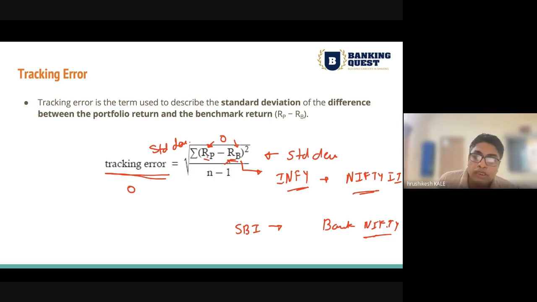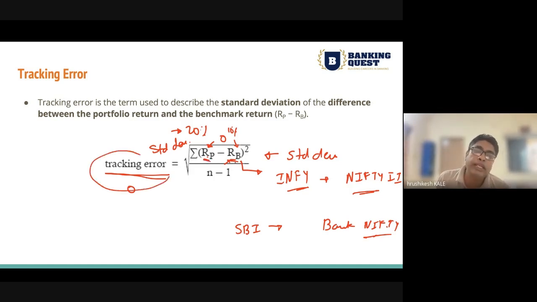Even if your returns are really good compared to the benchmark, let's say your return is 20 and your benchmark is 10, then also tracking error will be higher, because it doesn't matter whether your portfolio returns are positive or negative compared to the benchmark. They are away from the benchmark.